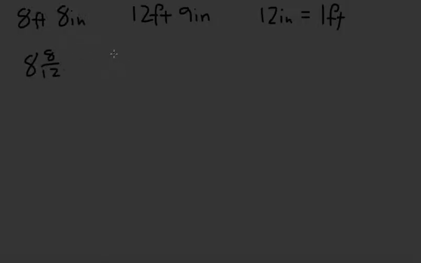And 12 feet 9 inches can be rewritten as 12 and 9 inches divided by 12 too, 9 divided by 12 like that. And then you can reduce it. If you divide both top and bottom of 8/12 by 4, it turns into 8 and 2/3 feet. And if you divide both top and bottom of 9/12 by 3, it turns into 12 and 3/4, like so.